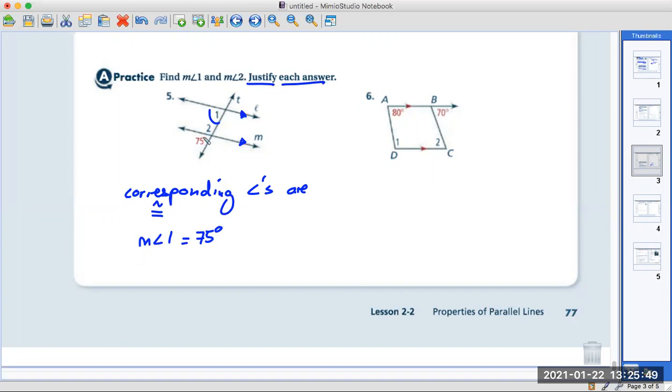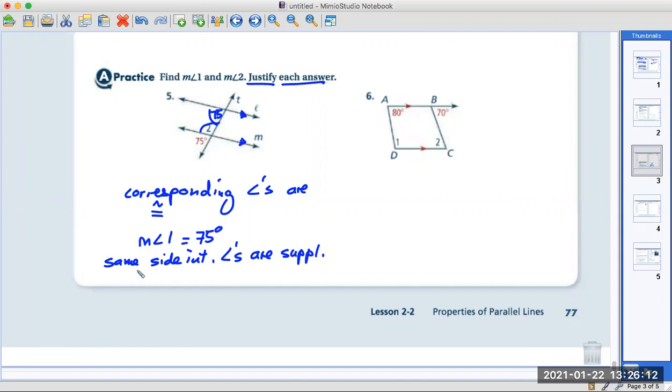Well, if I have 1 is 75, I can say 2 is the supplement. So same side interior angles are supplementary.